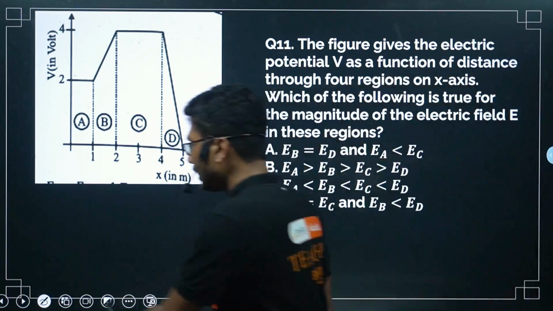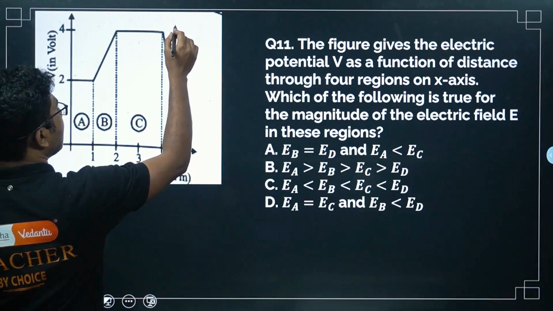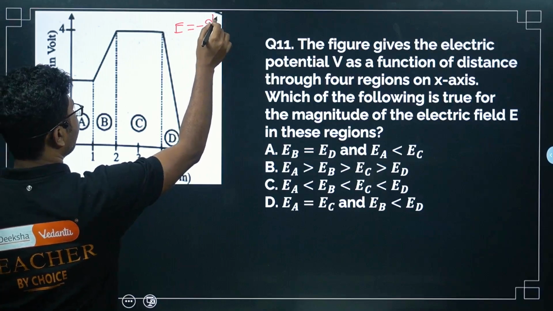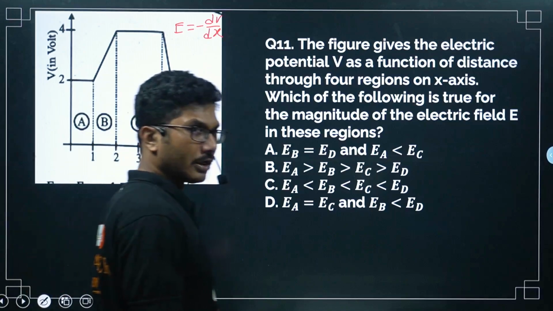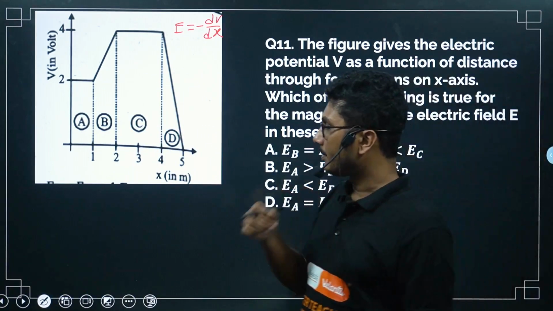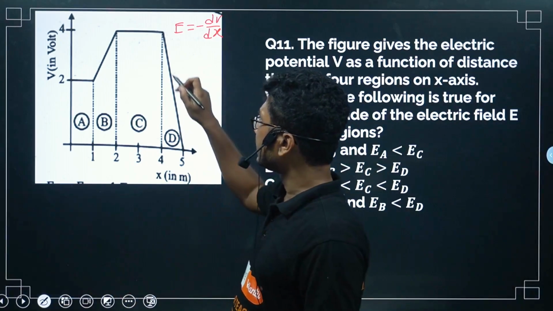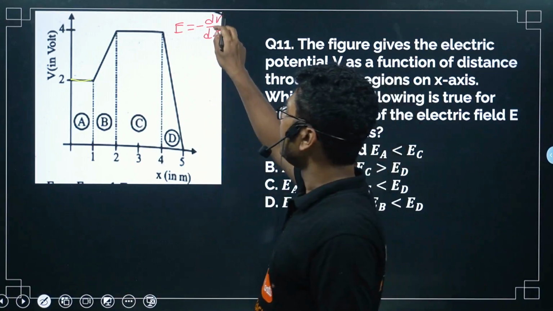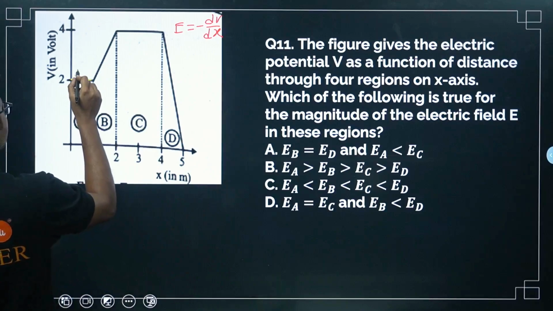We know the relationship between electric field and potential is E equals minus dV by dx, right? We generally do not use the negative sign, but in this case we have to use the negative sign to find the maximum change. Now in this region the potential is constant. Potential constant means V is constant, so dV by dx is 0. That means the electric field is 0 here.